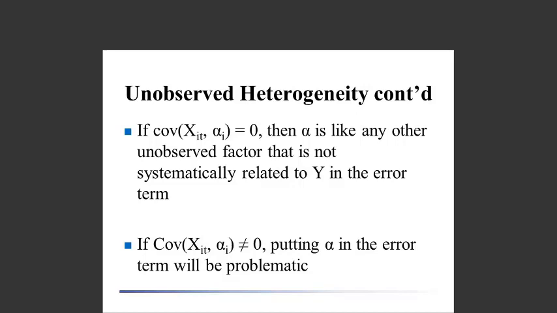So returning to our income example, if we believe innate ability is not related to education and our other covariates, then we can ignore alpha, and maybe we could just run a pooled OLS. If we believe that it is, this will be a problem.